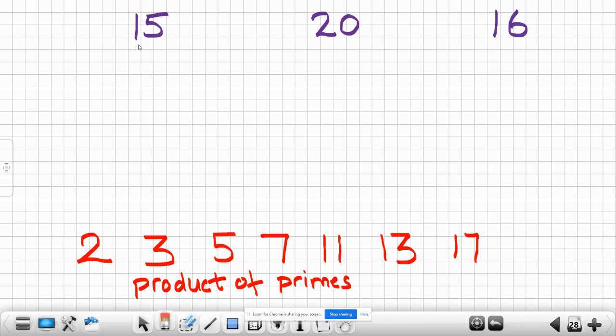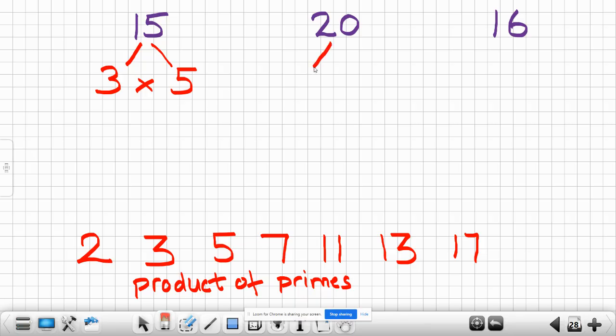Does it have factors? Yes, it's got a factor of 3 and it's got a factor of 5. Here's my list of prime numbers. 3 and 5 are both prime. So therefore, we can write 15 as a product of its primes, and it's 3 times 5.